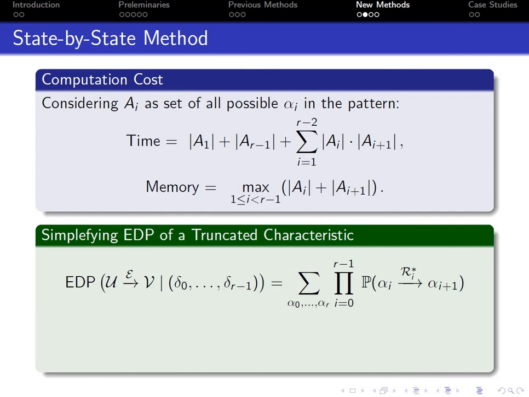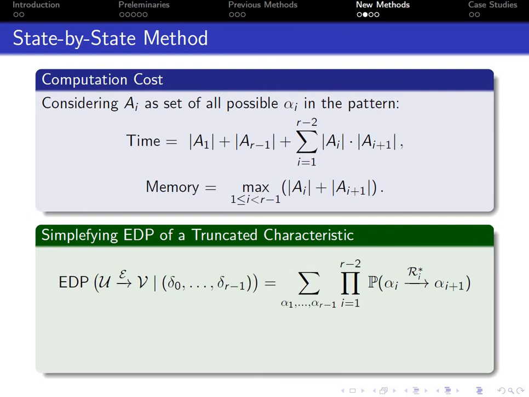We use several techniques to improve the complexity of this method. For example, for the probability of a truncated characteristic, which is given with this equation, we found out that it is not necessary to consider the first and the last S-box layers. Therefore, this equation gets simplified to this one, which is shorter and more efficient.